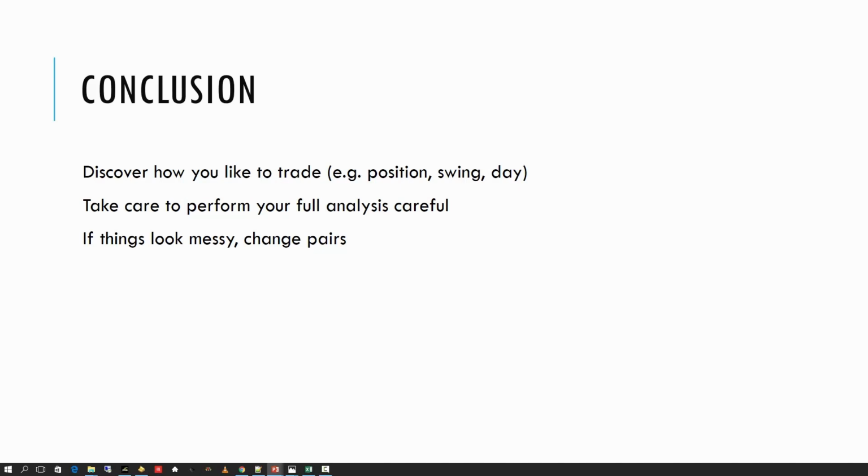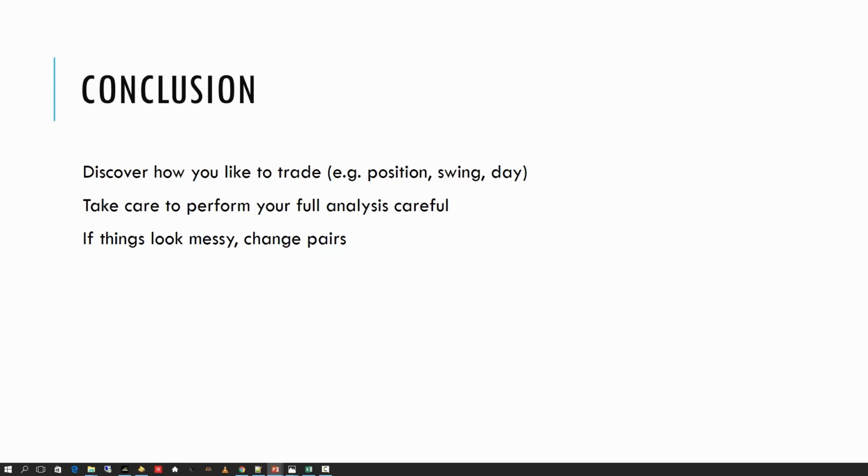We also looked at two different ways to perform your analysis. We have the full analysis and we have the quick analysis, which I call KISS, keep it simple stupid, and the KISS concept applies to both of them. Don't overcomplicate stuff. If you're looking at a pair chart and it's not clear, you're not seeing anything, don't force anything, don't overcomplicate it, just pick a different pair.